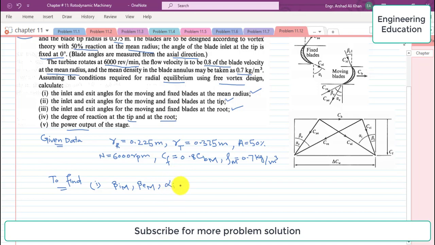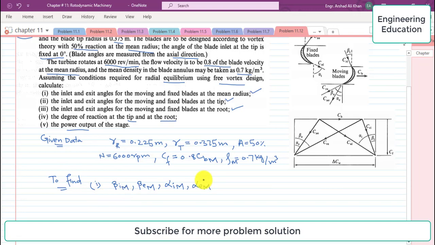Alpha IM, which is the absolute velocity angle or the fixed blades angle at inlet at mean radius. Alpha EM, which is the angle at the mean radius at exit for fixed blades.